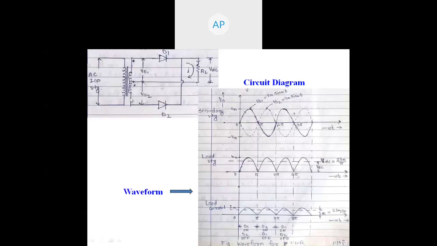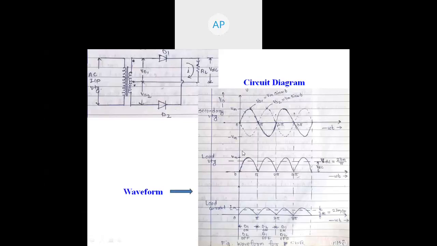Means there is a phase difference of 180 degrees between them. If you consider this solid line as the transformer secondary voltage of the upper half, the dotted line represents the transformer secondary of the lower half section.